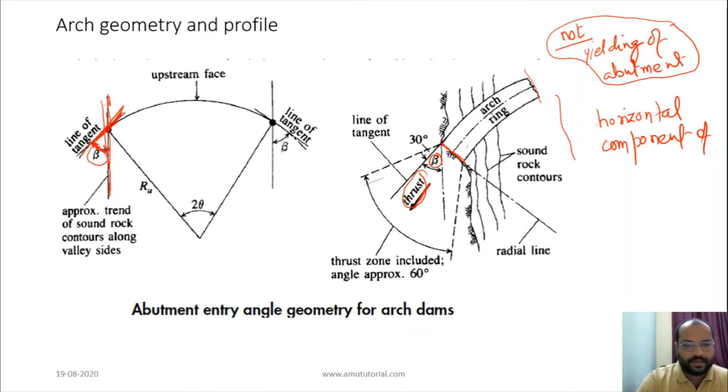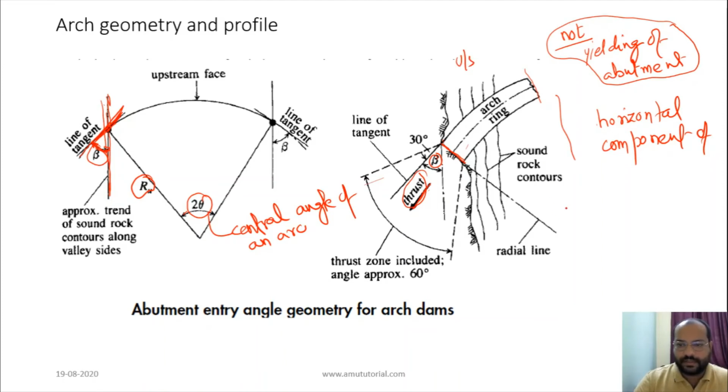Here 2 theta is the central angle of an arch. r is the radius. Here it is the upstream, here it is the downstream. Radial line means along the radius. So you can very well see here, if this is the zone of thrust action, it should be in a range of approximately 60°.